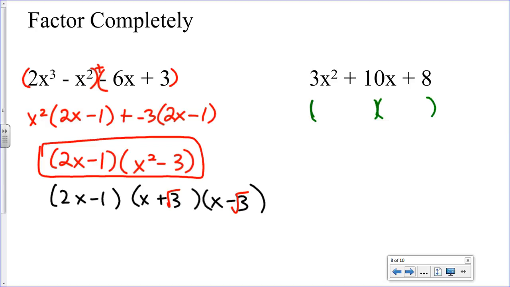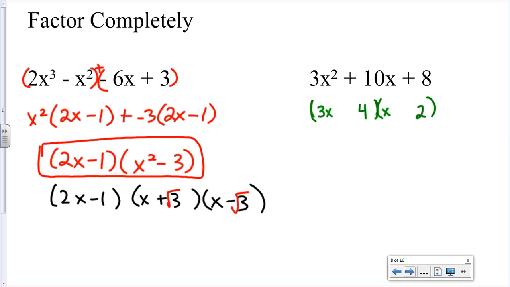All right, so what do I want to put for my first two numbers? 3x and x. 3 and 1 are the only things that multiply to give me 3. Now I need factors of 8. Well, what could I try? I can try 4 and 2 or 2 and 4.